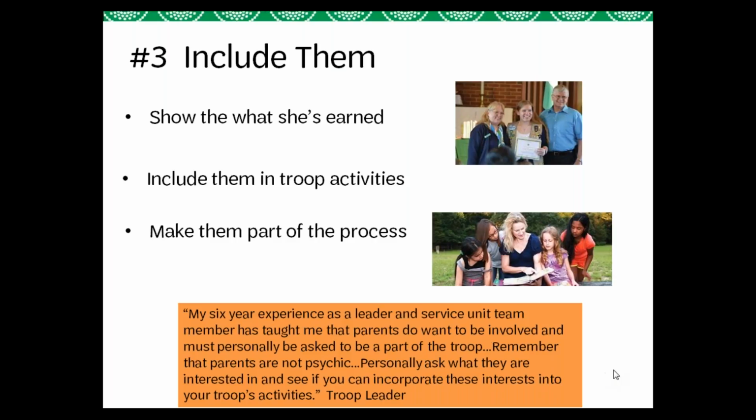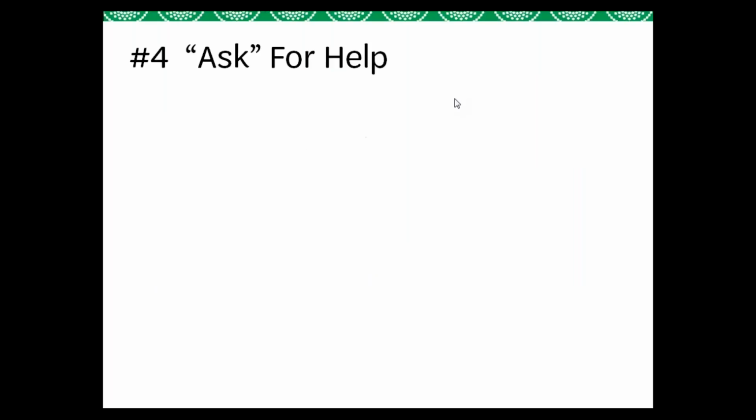So moving on to step number 4 for engaging parents in your troop is "ask" them for help. In most cases, parents understand the value that scouting provides, like we mentioned earlier. And notice that I have ask in quotations.